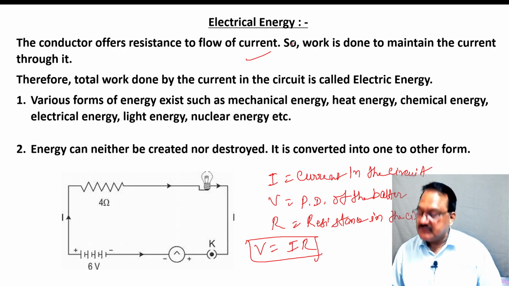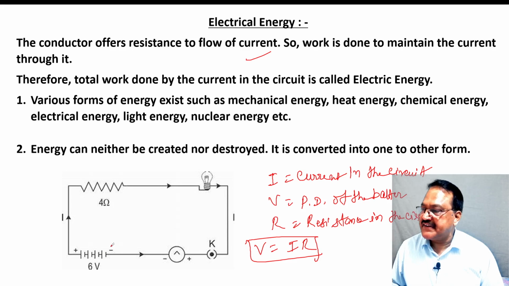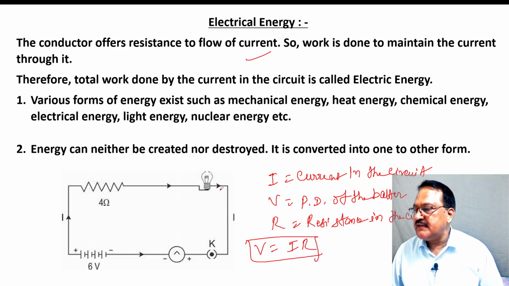As per this circuit, electric energy is available in the battery. Due to the flow of current, this bulb is glowing, meaning the bulb is giving heat and light. So this electrical energy is converted into heat and light in this case.